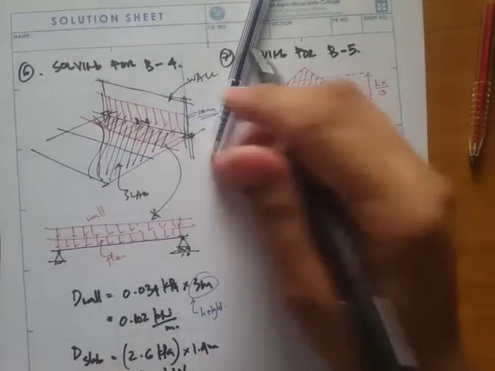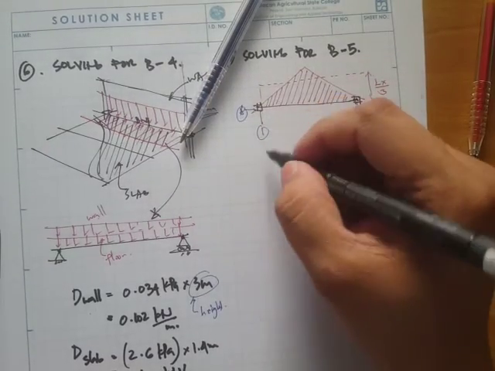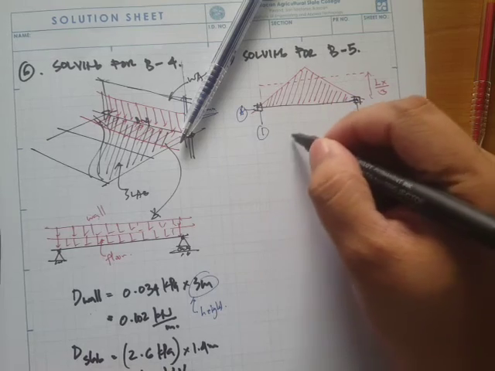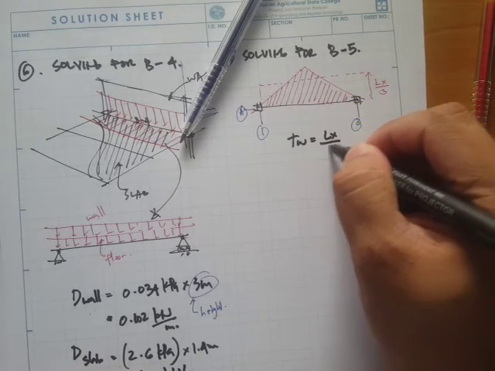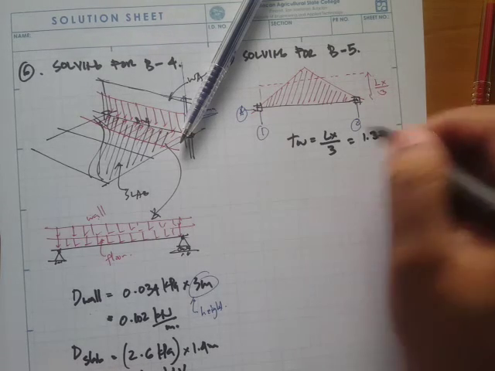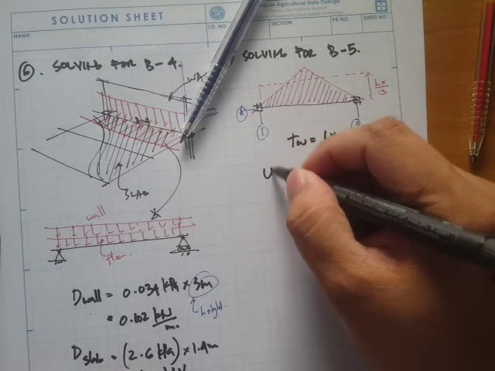Okay, so we can solve now. If you solve that, Lx all over 3, that's just 1.33 meters.